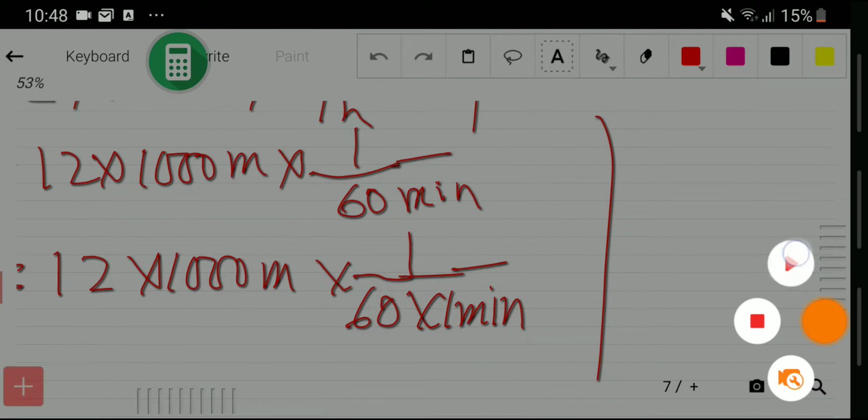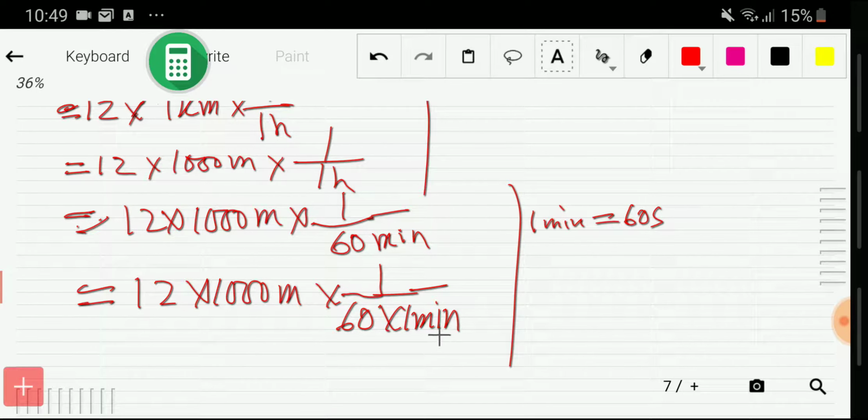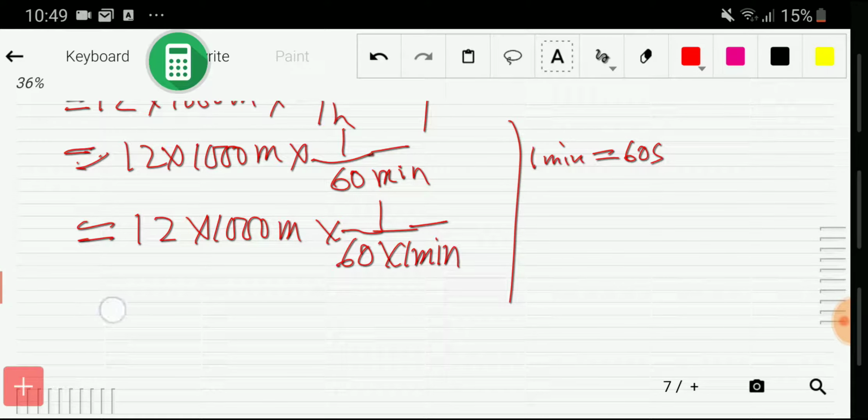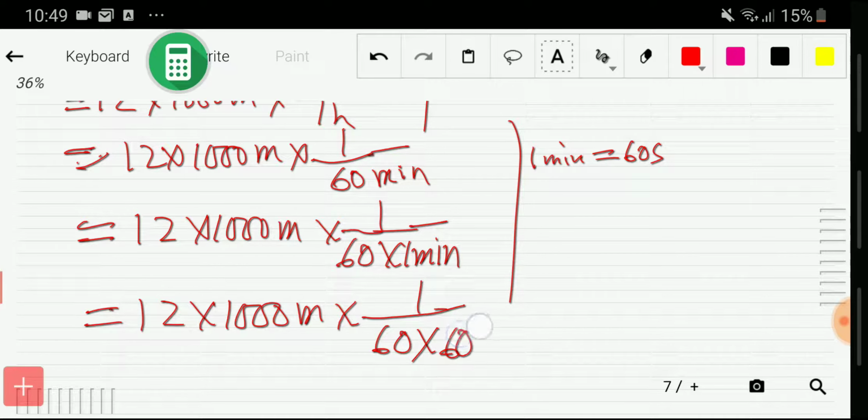So let me write the relationship between minute and second. We know that 1 minute is equal to 60 seconds. Now let me put the value of 1 minute here from this relationship: 60 times 60 seconds, right?